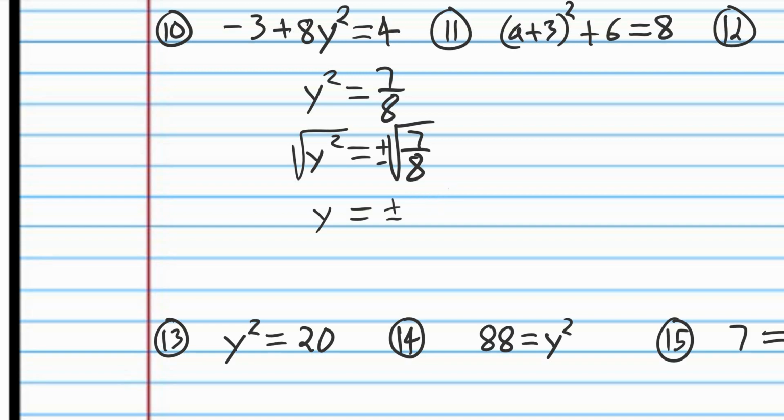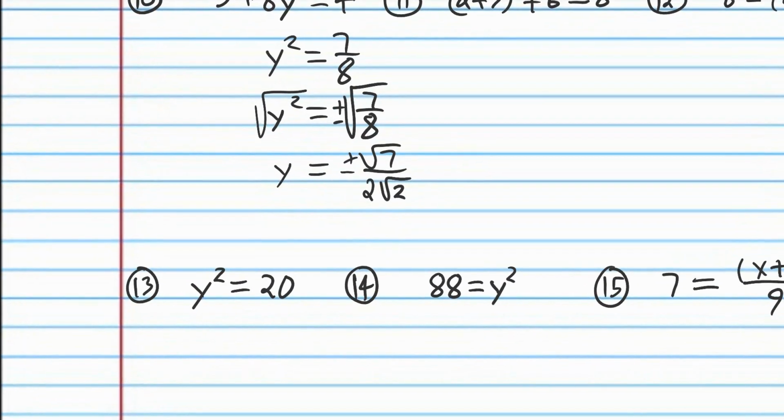This needs to be simplified, so it's going to be plus or minus root 7 over 2 root 2. So again, if you don't know how I got there, just go to the previous class. I'm skipping steps when simplifying the root.